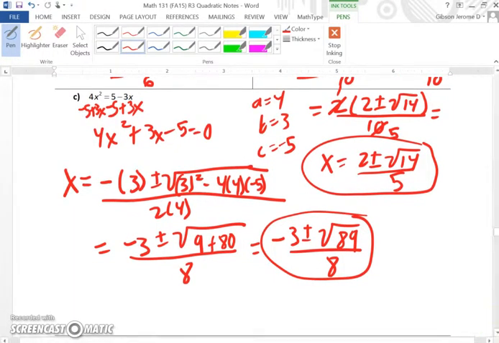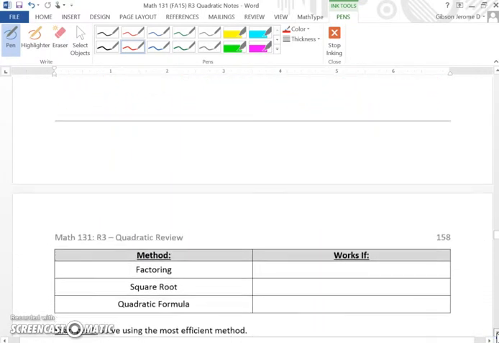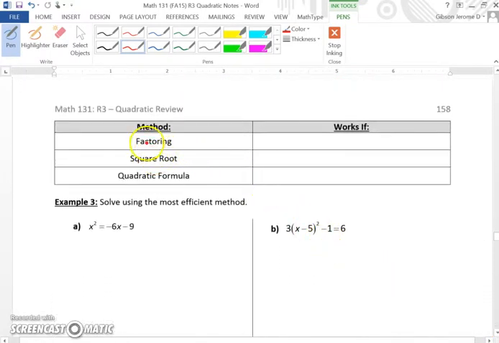Now we come to the next page. Okay, now up here it says factoring. Okay, they're telling us when it works best.